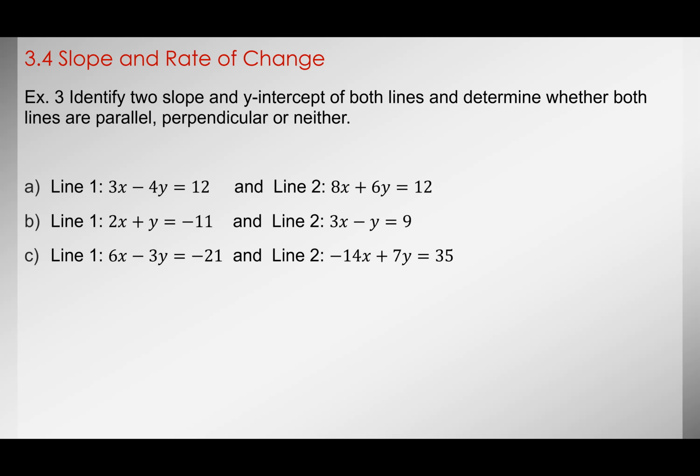Once you get y equals mx plus b, you can identify your slope and your y-intercept. If your slope is the same, they are parallel. If your slopes are opposite and reciprocal of each other, they are perpendicular. If they are not one or the other, they are neither. Okay. So question here in terms of this problem A that we have.